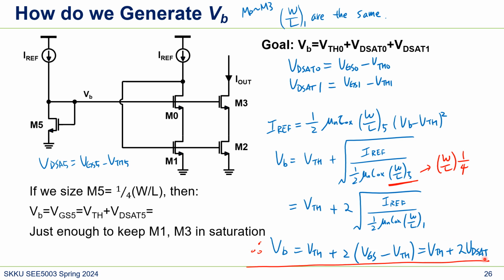I mean, these are PVT immune. So we can use this, but we need some margin, right? To have this, we are just at the edge of saturation. So what we can do is, with some margin, we can set M5 as 1/5 W/L, something like this.